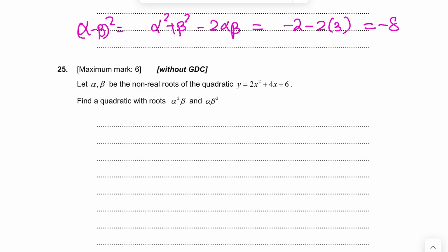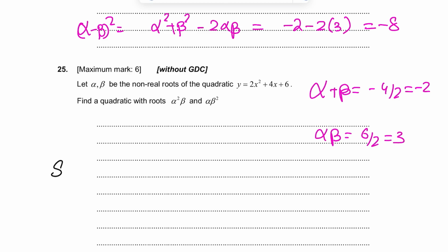If alpha and beta are the roots of this, find a quadratic equation whose roots are alpha squared beta plus alpha beta squared. First of all, alpha plus beta is negative 4 upon 2, which is negative 2. Alpha beta is 6 upon 2, which is 3. Now I want a new equation whose sum of the roots is alpha squared beta plus alpha beta squared.